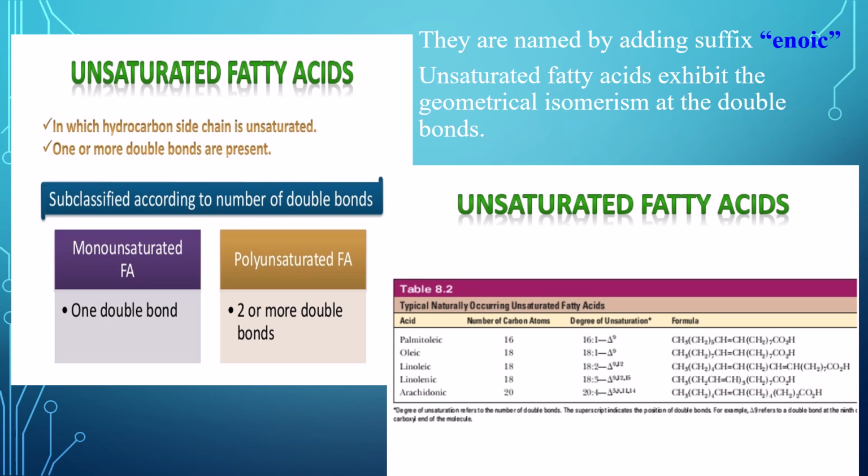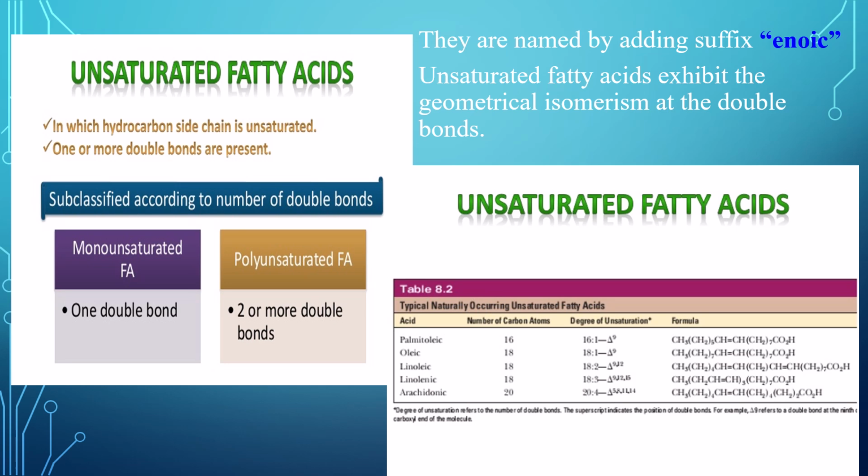If there is only one double bond, it is a monounsaturated fatty acid or MUFA. If more than one double bond, it may be two or more double bonds, so they are polyunsaturated fatty acids or PUFA. So the most common unsaturated fatty acids are palmitoleic acid, oleic acid, linoleic, linolenic, and arachidonic acids.